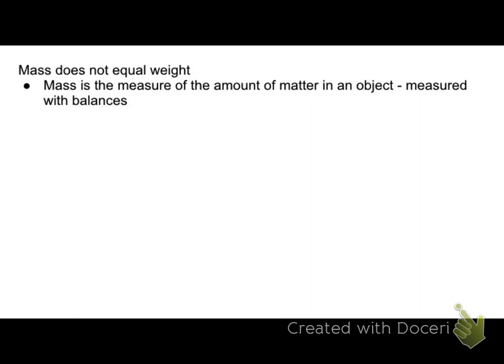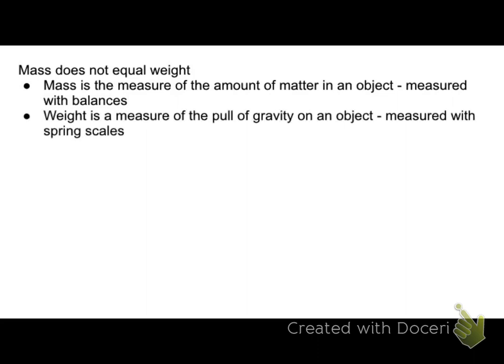Okay? The difference between this and weight is that weight is a measure of the pull of gravity on that object. And we measure this using a spring scale because we're measuring the downward force of gravity. No matter where you go in our solar system, your mass will stay the same. You will be made up of the same amount of matter, unless you chop an arm off or get liposuction and get a lot of mass removed from your body.